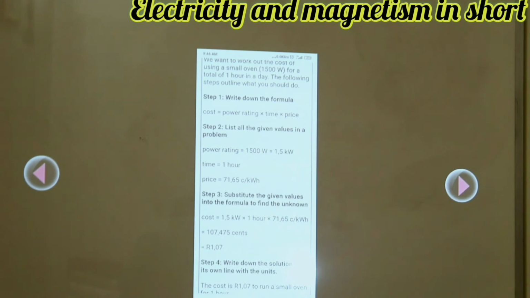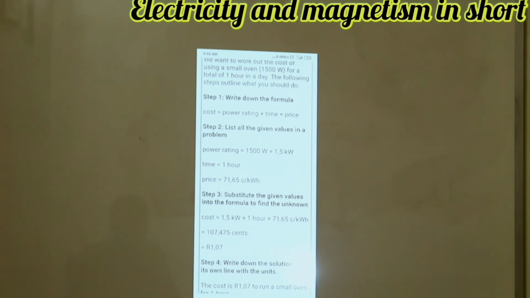If the time is given in minute, you must convert into hour. Here the time is given in hour. And the price, 71.65 cent per kilowatt hour. That is the price of electricity. For 1 kilowatt hour, you have to pay 71.65 cent.